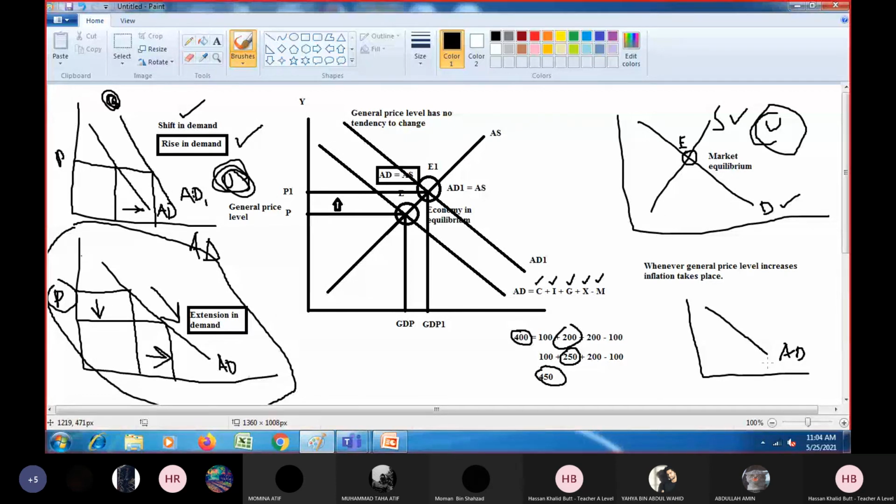Similarly, if I talk about aggregate supply in the same way, this is aggregate supply. This does not show what the actual GDP is. It shows the willingness and ability of the producers to produce. They are willing to produce more, but it does not mean that they are actually producing more unless and until they consider the aggregate demand in the country.